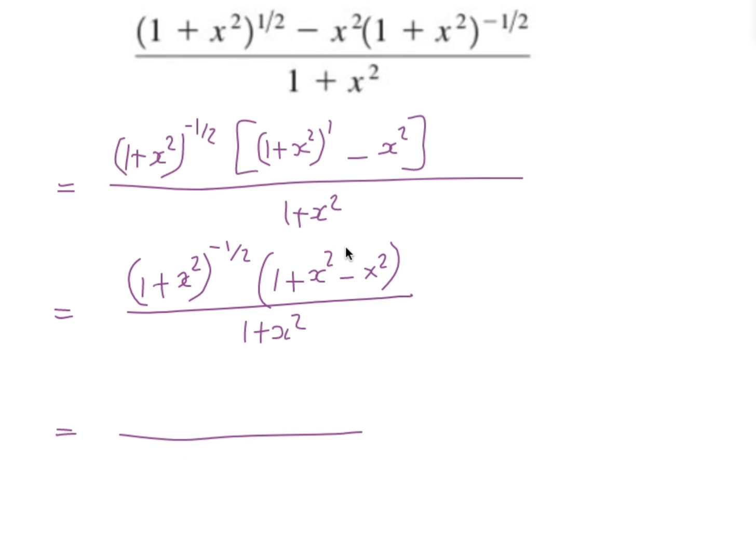So x square and minus x square cancel. Here just 1 is left, so 1 plus x square to the power minus 1 upon 2, and here 1. You can skip this step if you want.